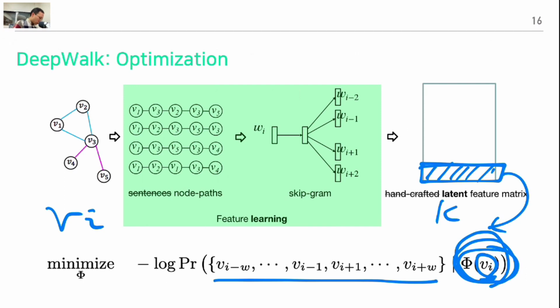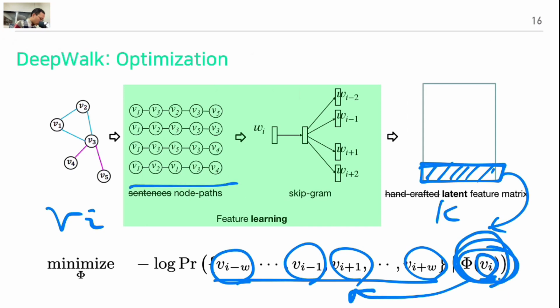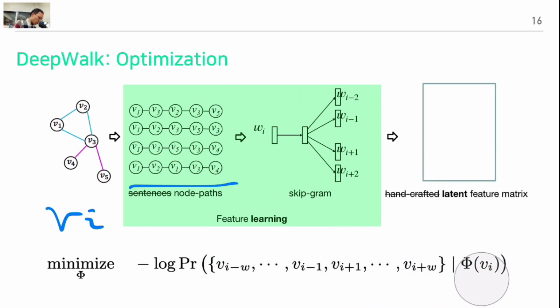And so think about your neural network. We use vi as the input and try to predict the ID of the context. So instead of just simply using the ID for the input, we can use the current representation of vi.